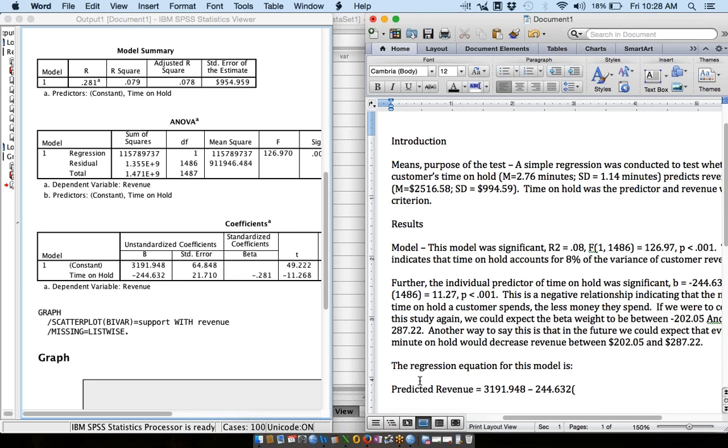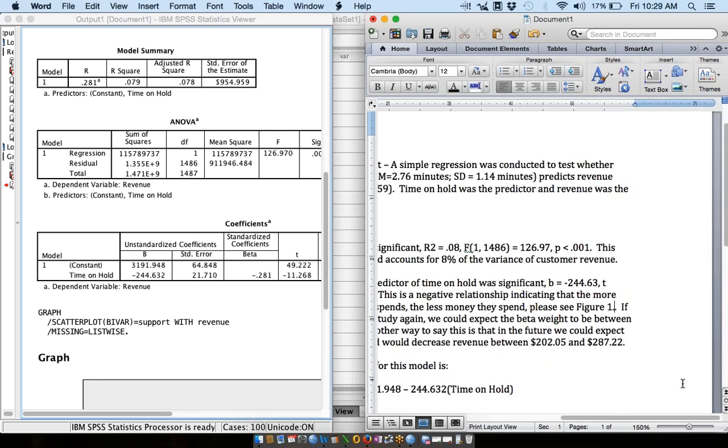And this beta weight is multiplied by x1, or our independent variable or predictor, and that is time on hold. And I think one thing you want to do is capitalize the words of your variables in this equation so it looks professional, like I've done here. And then here I'm just going to say, please see figure 1.